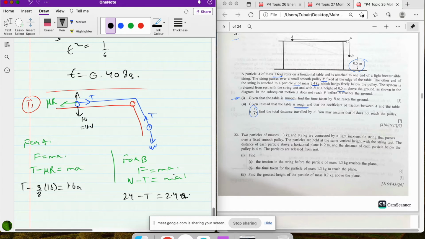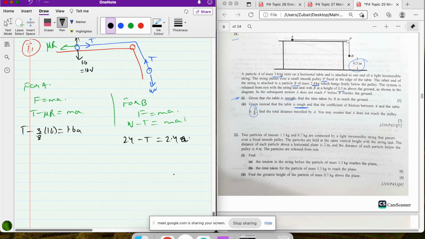So I'm solving for acceleration. 3 by 8 times 16, 8 twos are 16, 2 times 3 is 6. So T minus 6 equals 1.6a, and T equals 1.6a plus 6.